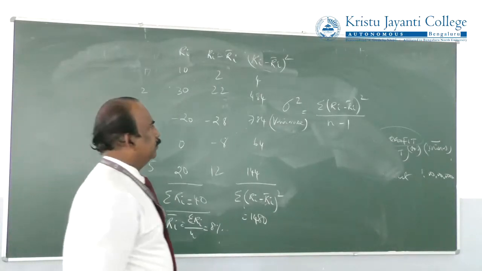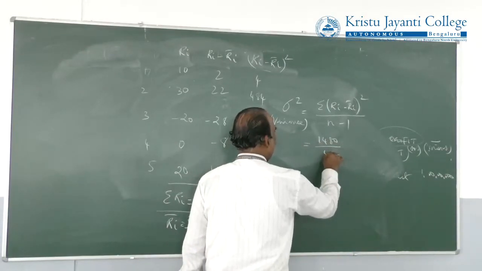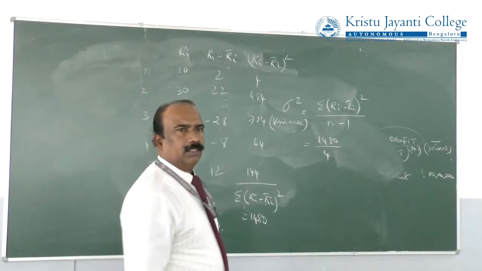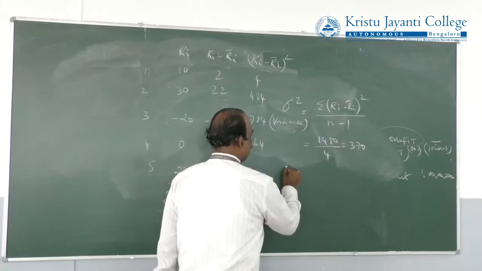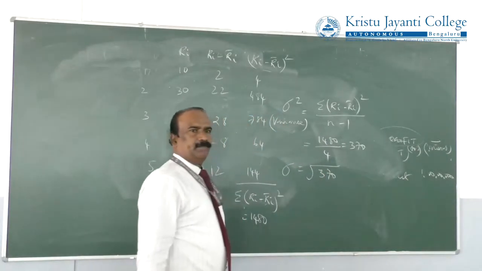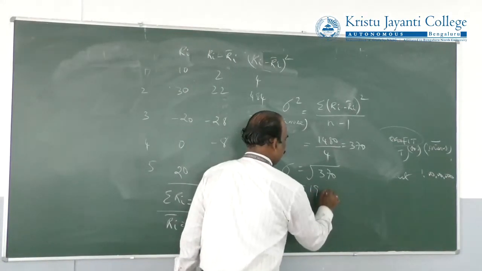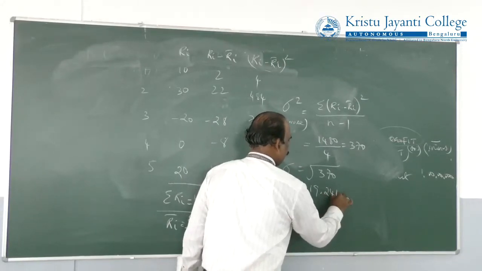That is 1,480 divided by 4, which is 370. So what is standard deviation? Root of 370, which is 19.24 percent.